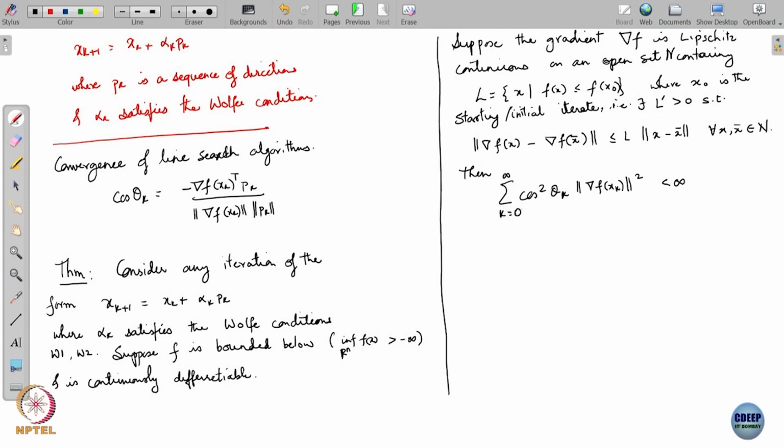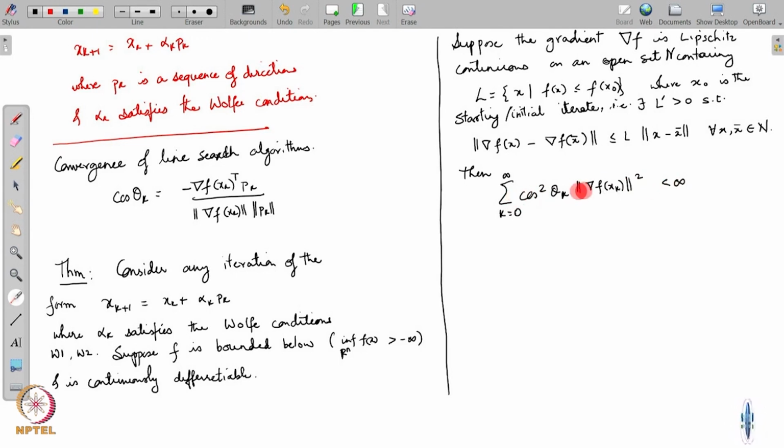This whole sum is finite. Now what does this mean? The claim is that if your function has these properties, and you choose your iterations this way, and your alpha_k satisfy the Wolfe conditions, then this particular sum has to be finite.